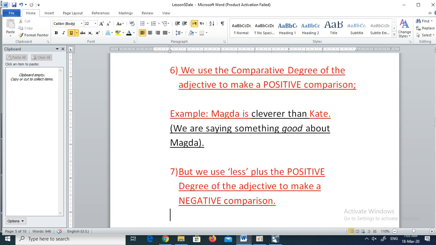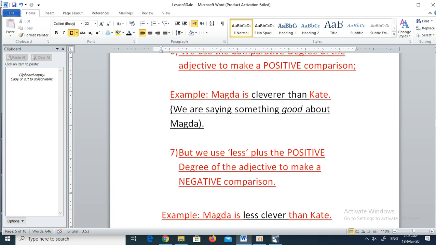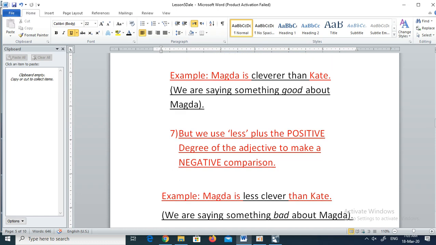But we use the word less plus the positive degree of the adjective to make a negative comparison. We say Magda is less clever than Kate. Now we are saying something bad about Magda.